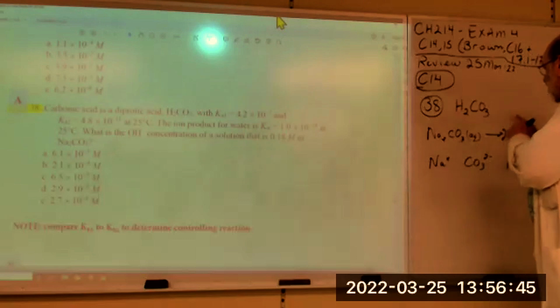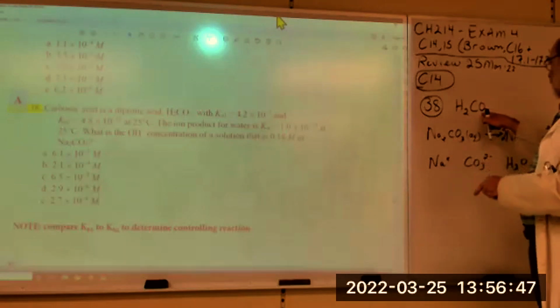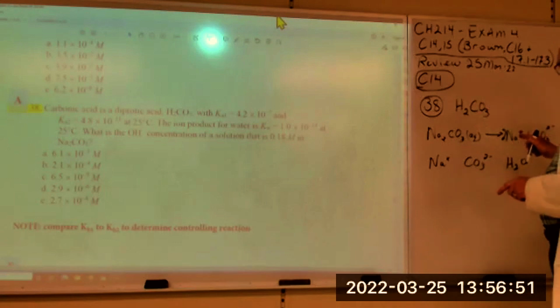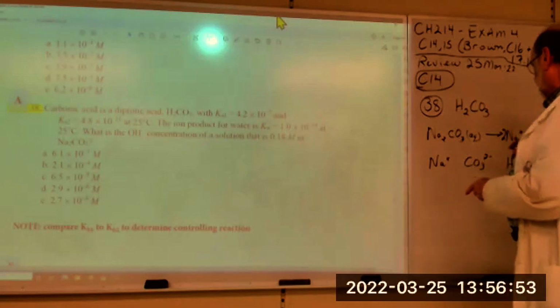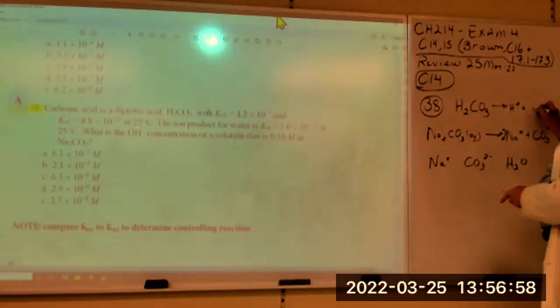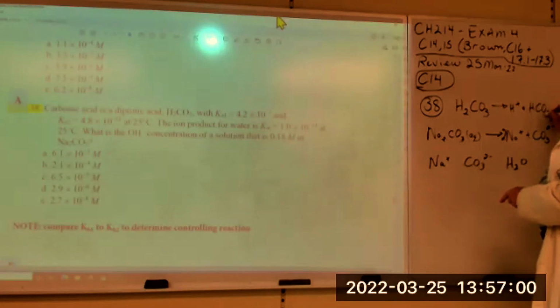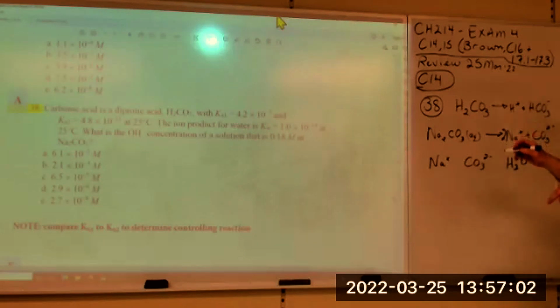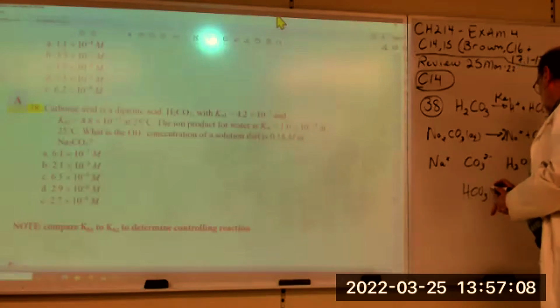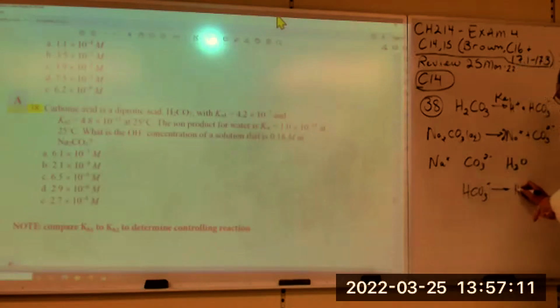When this carbonic acid is in solution, it could go to this one, right? That's the Ka1. Or it could go like this, to CO3 2 minus plus 2H plus. This is the Ka2.